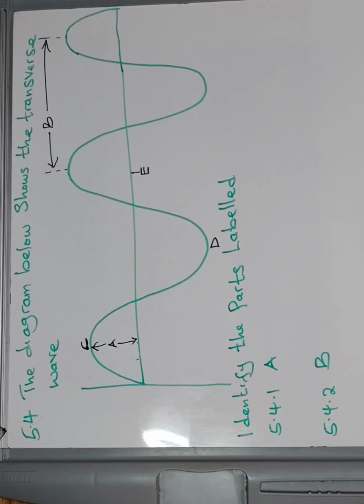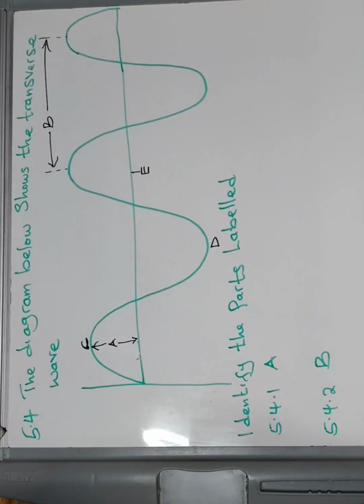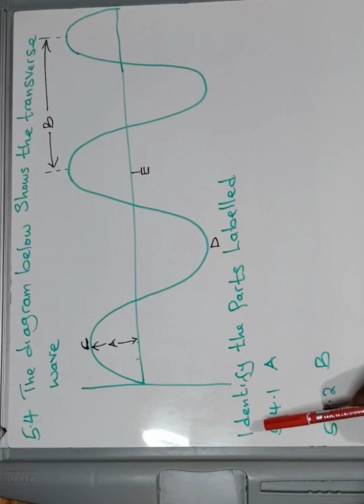So here we are. Let us analyze this question. It says that the diagram below shows the transverse wave. So this is a transverse wave. And it says, identify the parts labeled A, B, and others which are going to come.